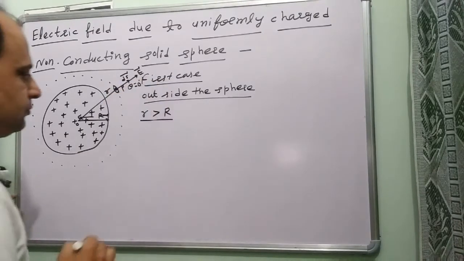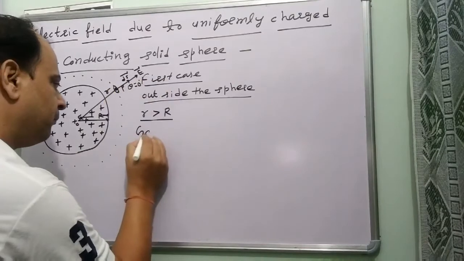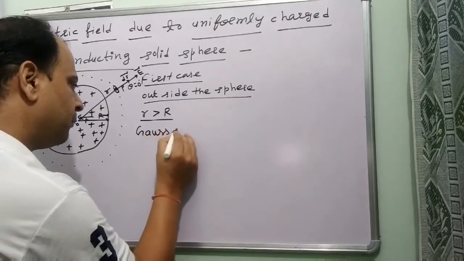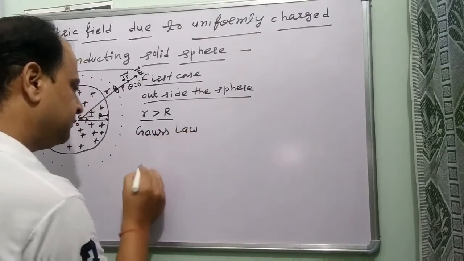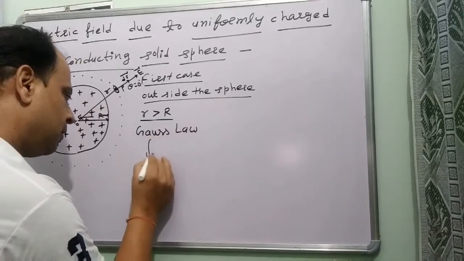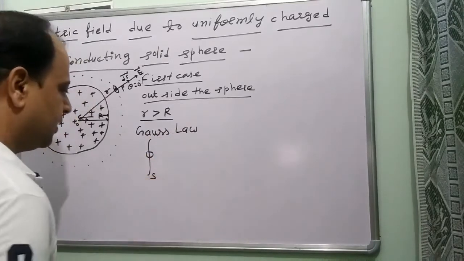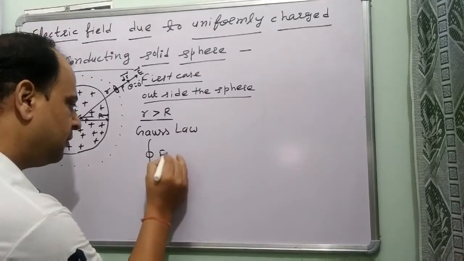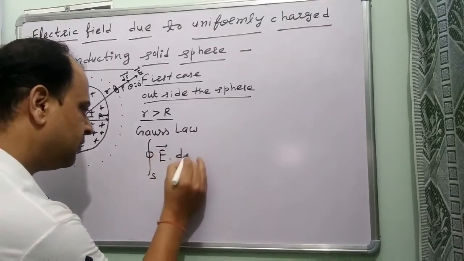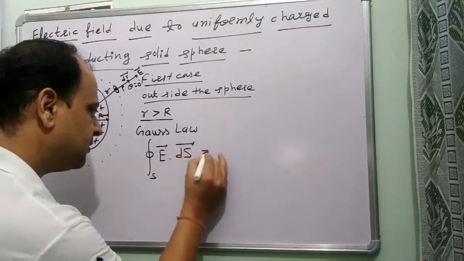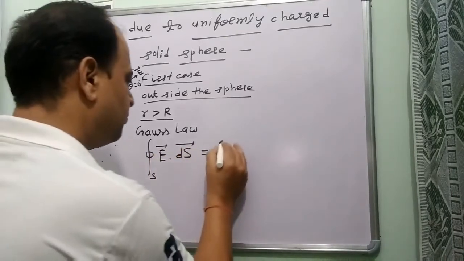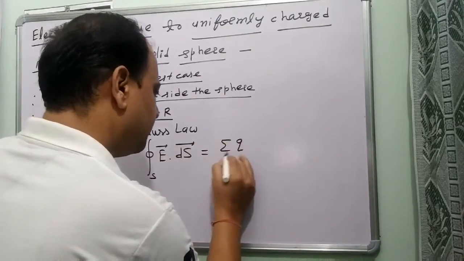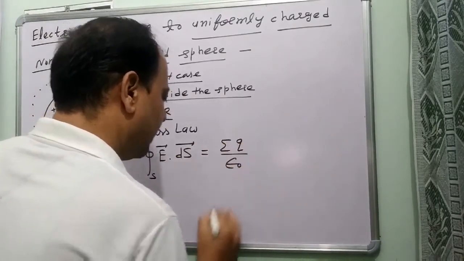Then from Gauss law, on the closed surface, the integration of electric field dot ds is equal to sigma q upon epsilon naught.